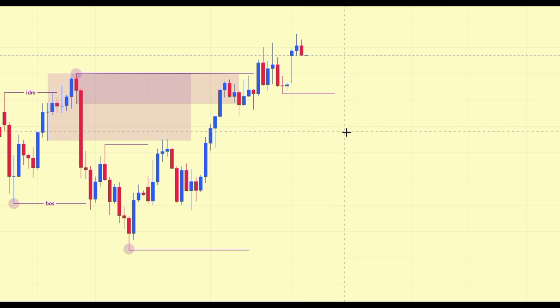This one here is the inducement, because that's the recently formed valid pullback after the break of structure. I mean, the inducement is not the pullback itself, but the liquidity resting below this recently formed valid pullback low.